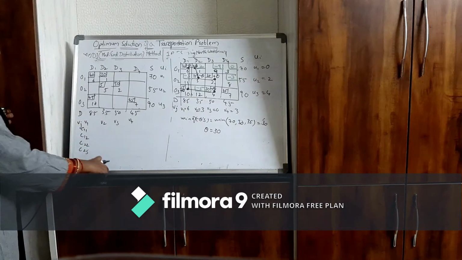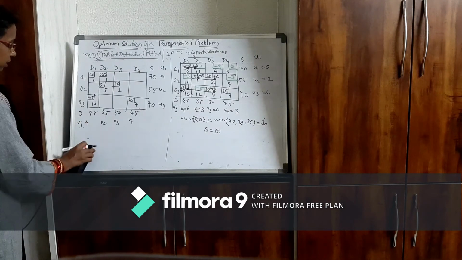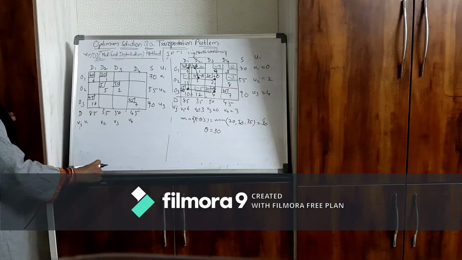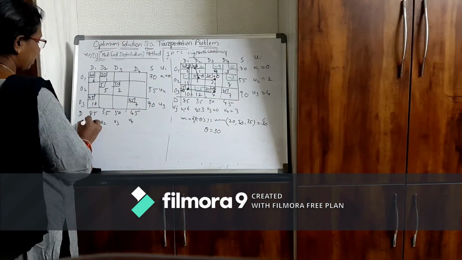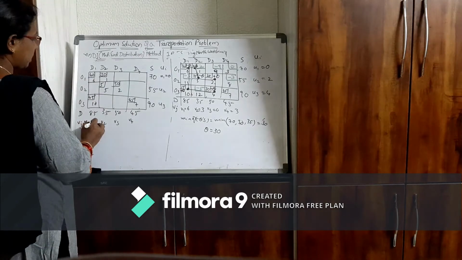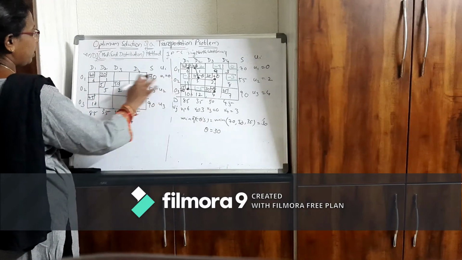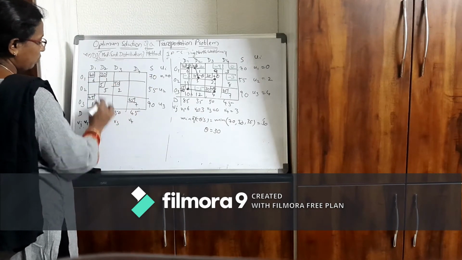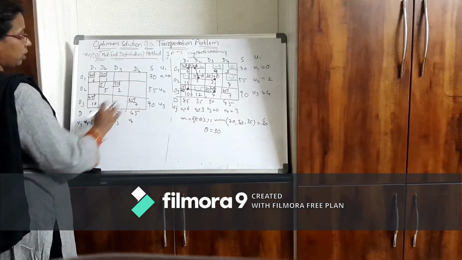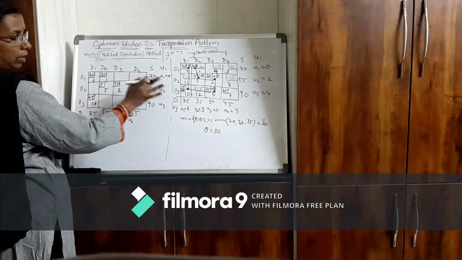Like this you can also find, or will find it directly. This table will do it directly. I'll start from u1. This is 0. 0 plus something should be equal to 6. So 6. Again I have 0 here. For this 0 again I have one more allocation. So 0 plus something should be equal to 1. So this is 1. So corresponding to this you don't have any other allocations.